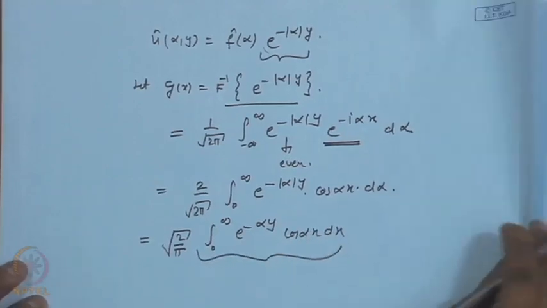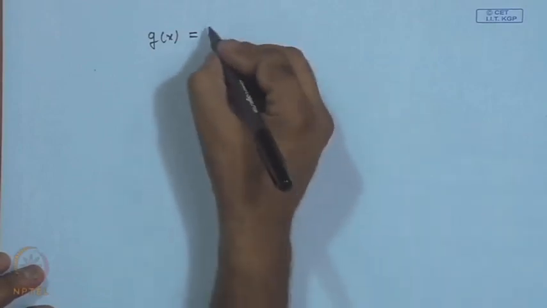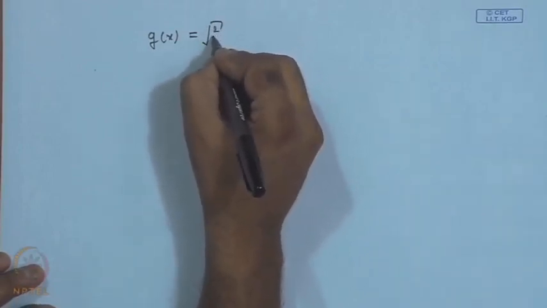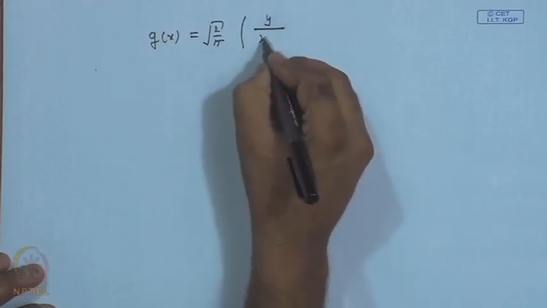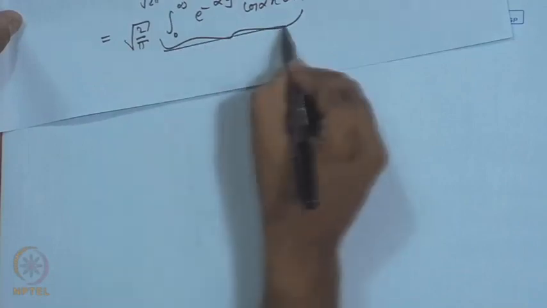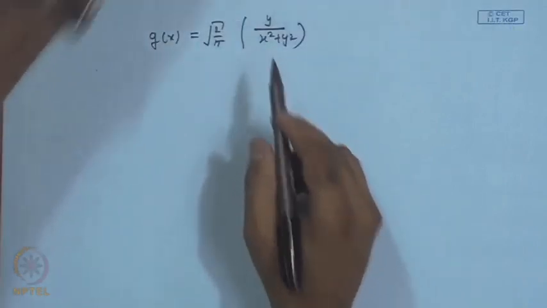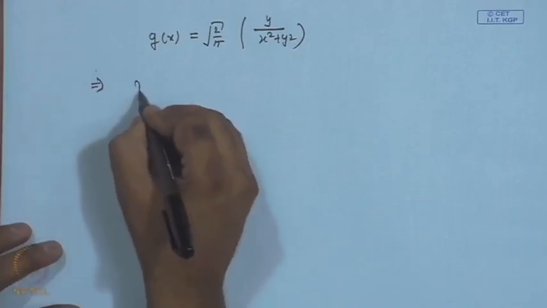One can just get it by integrating by parts. So, in this case we will get g(x) as 2 over π times y over x² + y². So, this integral gives y over x² + y².